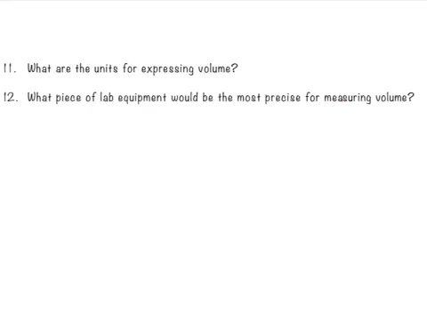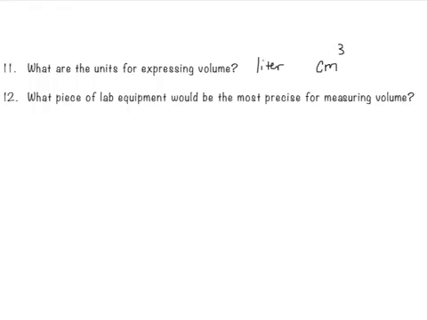A common unit for expressing volume in chemistry would be the liter. You can use prefixes in front of that like a milliliter. Another common unit for expressing volume would be something like a cubic centimeter, cubic meter, something like that. What piece of lab equipment would be the most precise for measuring volume?